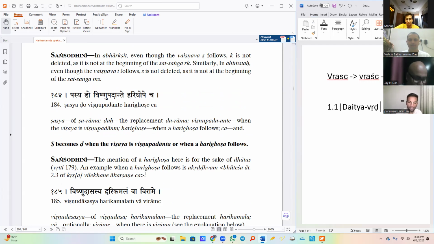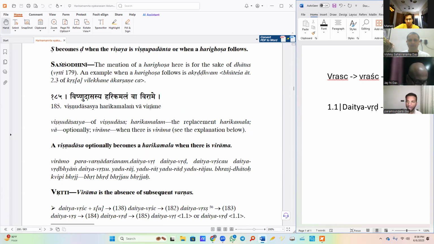And then what will happen next is Vishnu Dasasya Harikamalam va Virame. A Vishnu Das optionally becomes a Harikamala when there is Virama. Virama means when there is nothing else ahead. It's like Vishnu Padanta. Virama means like full stop. There is nothing else beyond that. So when it is Vishnu Padanta, the Vishnu Dasa optionally becomes Hari Kamala.